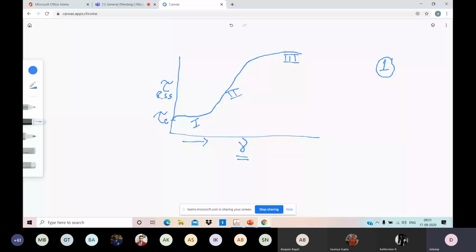So eventually you will find that a lot of dislocations are there and they will start interacting with each other. So you will find your stress requirement is significantly increasing. That is called strain hardening. Because of strain, it got hardened, because a lot of dislocations are produced.